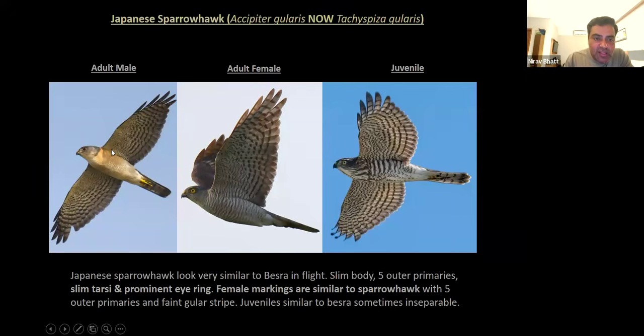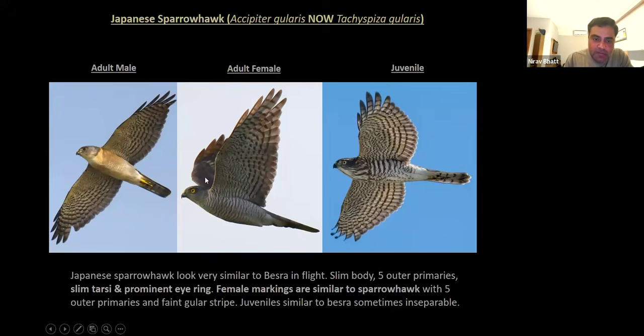Adult male has a uniform pattern, more like Shikra, unlike the dark markings of a Besra. Yellow eye ring is visible, but darker eyes. 5 outer primaries.